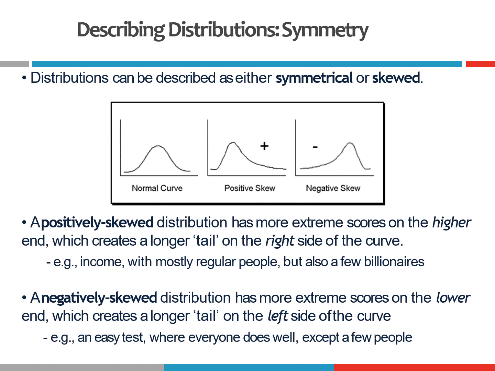So what's an example of this that might be a little bit more pragmatic? Well, if we were to assess income and collect a sample of annual incomes in Macon or wherever, a positively skewed distribution would be such that most regular people or average people are going to approximate that single peak, but there are also a few billionaires in our distribution, right?